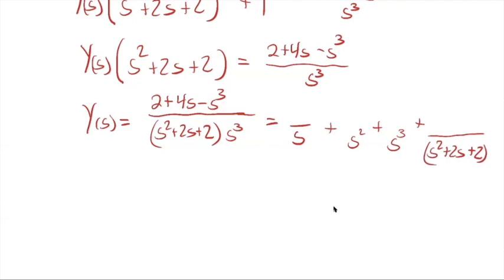And now I need to have one of them for each of the repeated roots. So I'd have an s squared and an s cubed. And for each of them, I just need a constant on top. Whereas this one, that's a quadratic. It's not a repeated root. It can't be factored anymore. So for that one, I need to put a linear term over that.